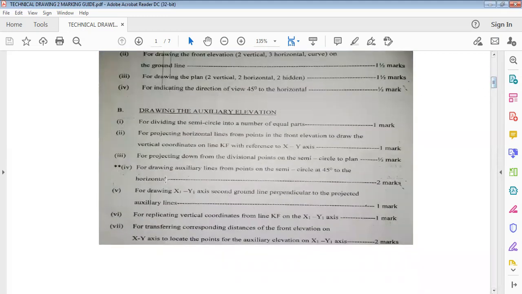Then Roman figure 4 says that for drawing auxiliary lines from points on the semicircle at 45 degrees to the horizontal. What do they mean by that?